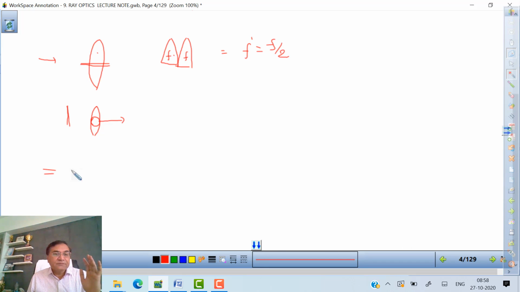If this is your lens and the upper part and lower part have different refractive indices, suppose here is n1, here it is n2, then this is one lens, this is a second lens, so two lenses are placed.